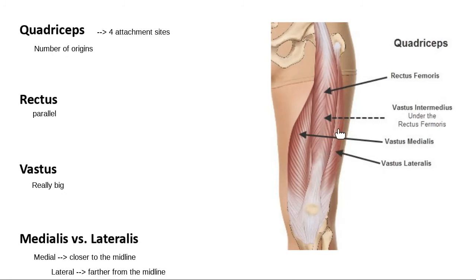Vastus lateralis, vastus medialis, the big muscles that are toward the middle or toward the outside of the leg. So again, look for those directional terms, look for those regional terms, look for those size terms. Vastus, major, minor, all of those things tell me what size these muscles are.